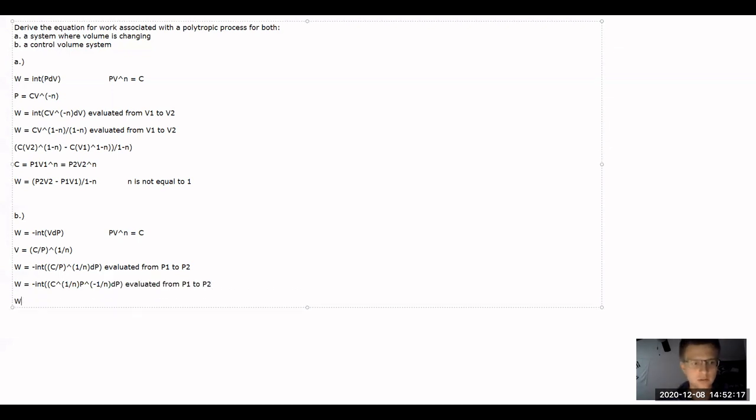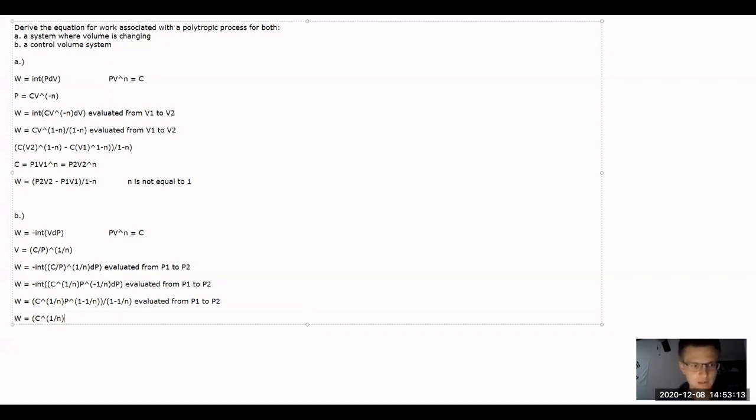And this integral works out to, I'm going to put my parentheses, C to the 1 over n times P to the 1 minus 1 over n, all divided by 1 minus 1 over n.